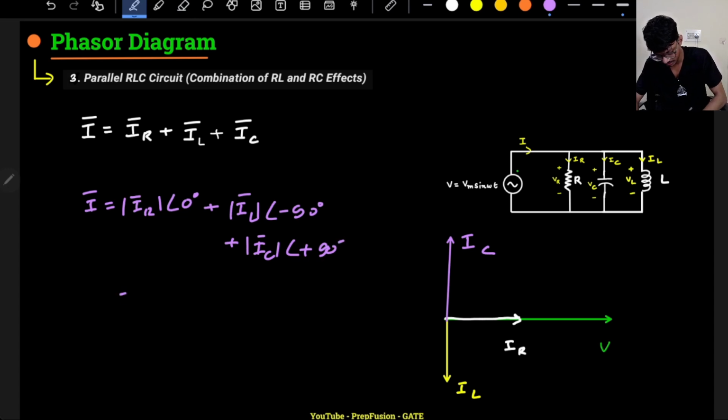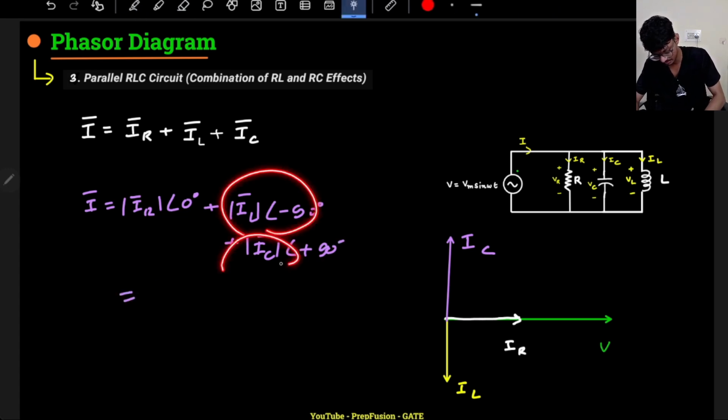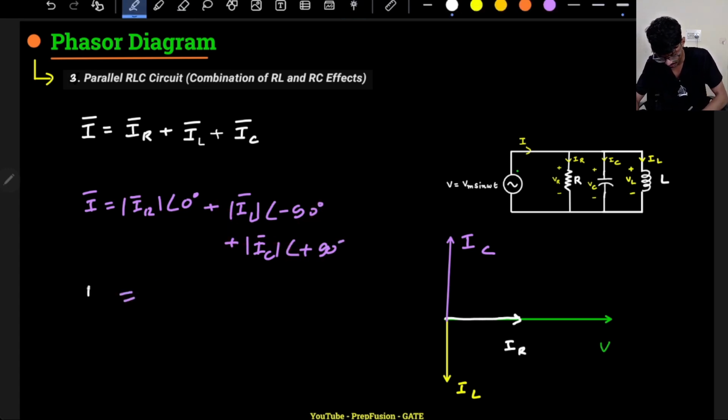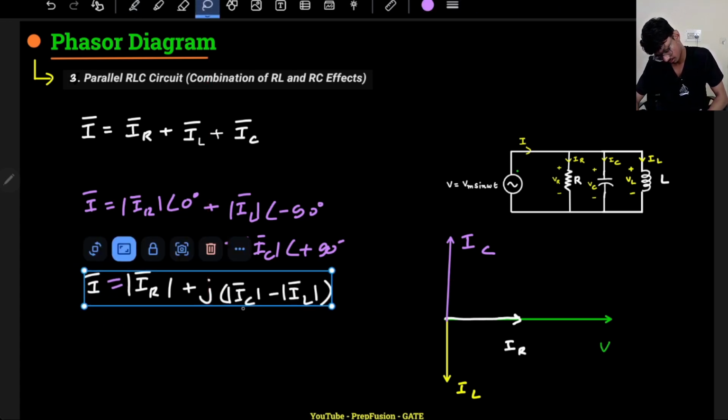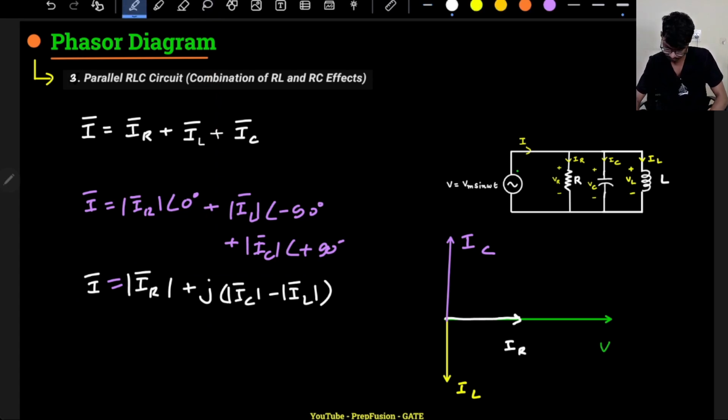Of course you can see that this is minus j, this is plus j, so ultimately your I phasor comes out to be IR magnitude plus j times (IC magnitude minus IL magnitude). That's it, that's pretty much it. So that is the answer basically. Now you can find out everything from here.